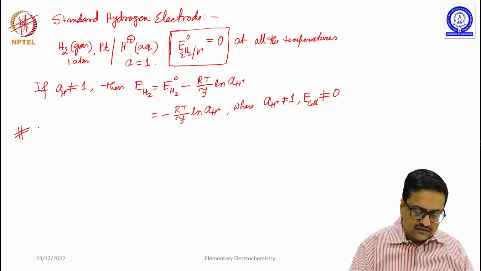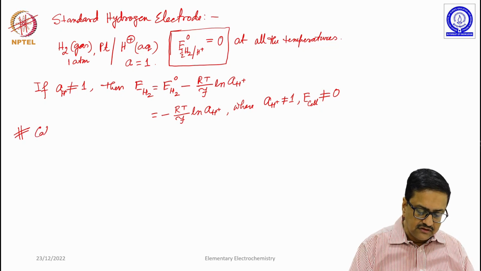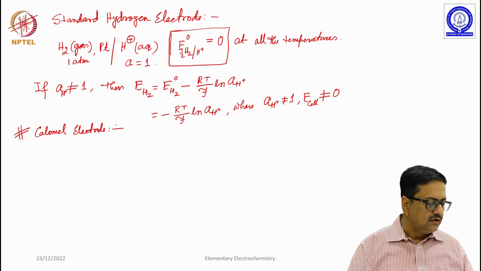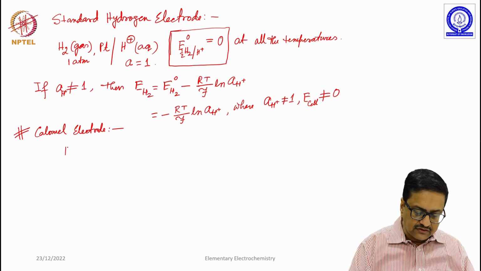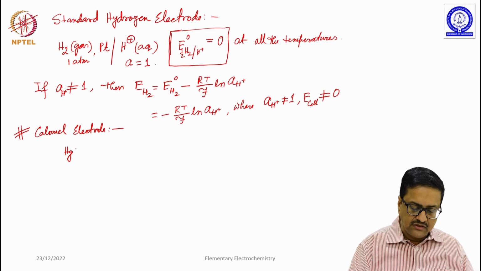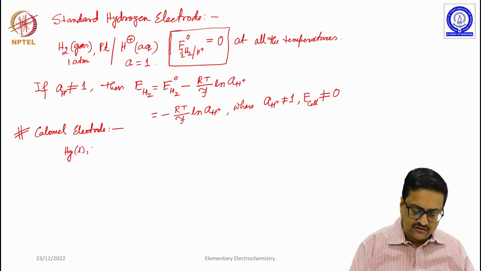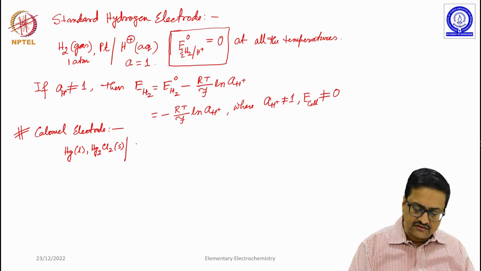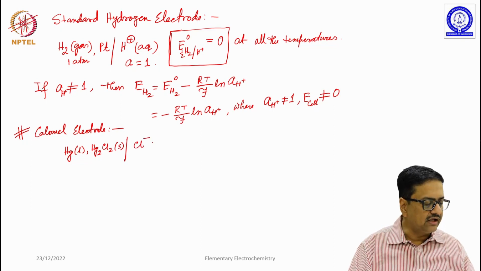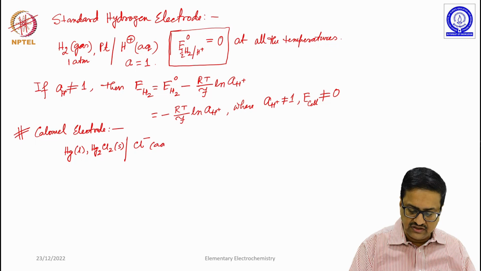So, one such electrode is the calomel electrode, which is used as a standard electrode, and that electrode is nothing but mercury liquid made into a paste with mercurous chloride, which is solid, and it is kept in equilibrium with chloride ion in aqueous medium.